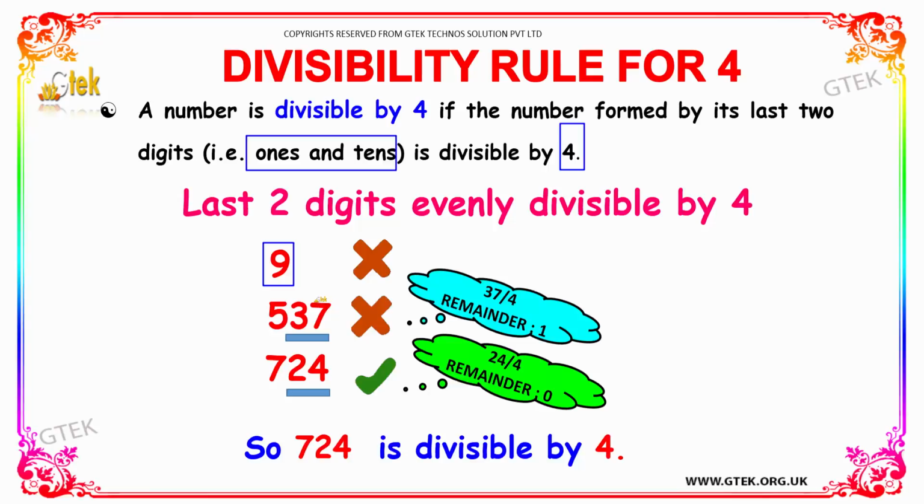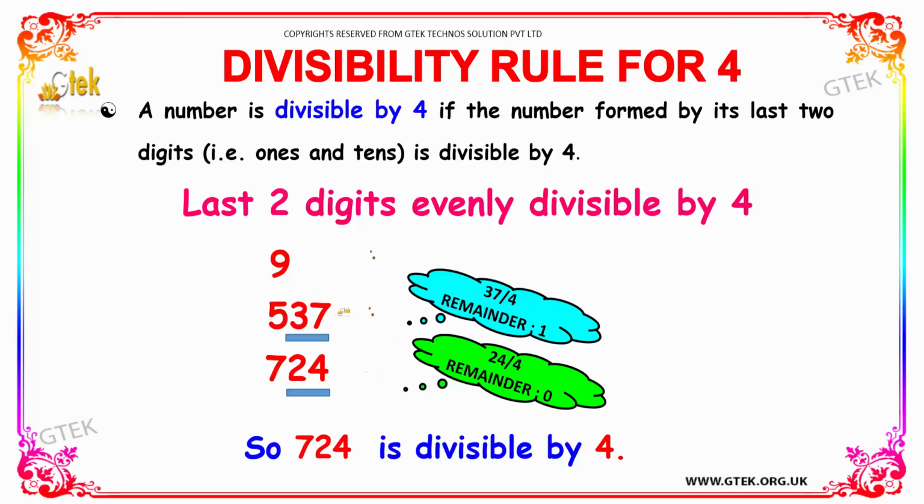Whereas 37, that is the last two digits, divided by 4, you get a remainder of 1. Hence, 37 is not divisible by 4. Whereas in the case of 24, 24 divided by 4, you'll get the remainder as 0.